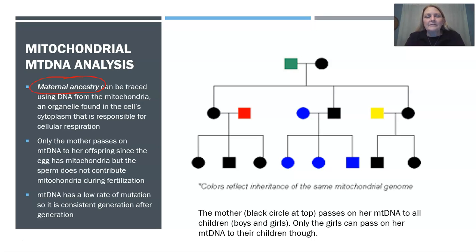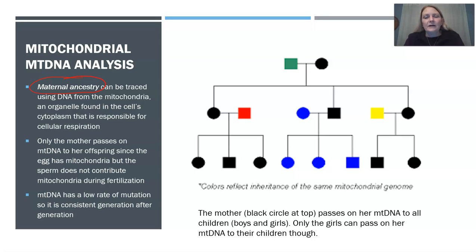They're where the cellular respiration takes place in cells, which provides energy for all your bodily functions. So within those mitochondria, there are little rings of DNA, and that is passed from mother to all of the mother's offspring.